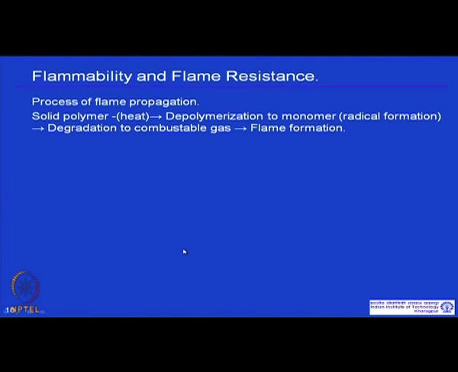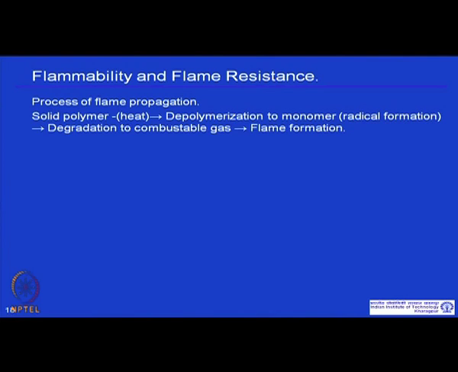Okay, let us go to the next property, which is flammability, or flame resistance properties of a polymer. Now, again this will be just brief; we will have a brief discussion on these properties and subsequent properties.